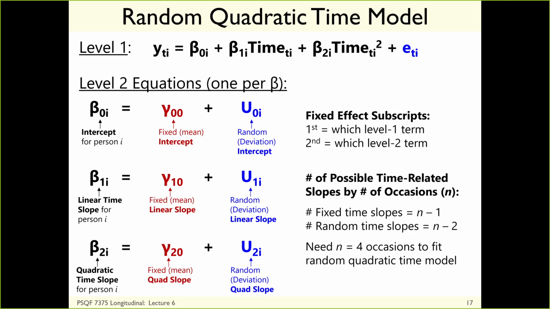How many things in red in general in my slides is what you can answer. I have a fixed intercept, I have a fixed linear time slope, that's the rate of change at time 0, and I have a fixed quadratic time slope, which is half of the rate of acceleration. So I have to multiply it by 2 to talk about how it changes the rate of change.